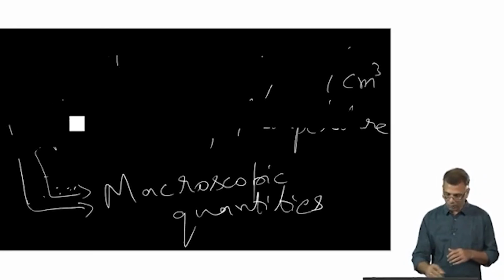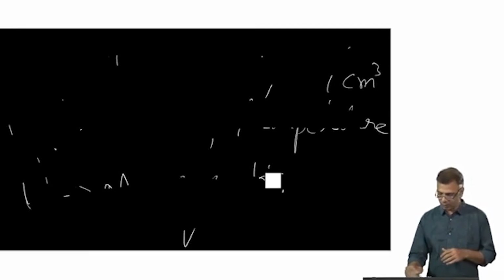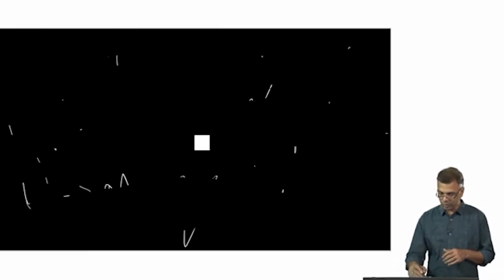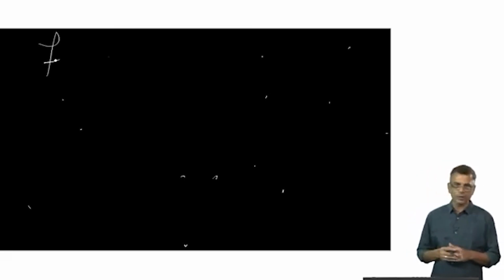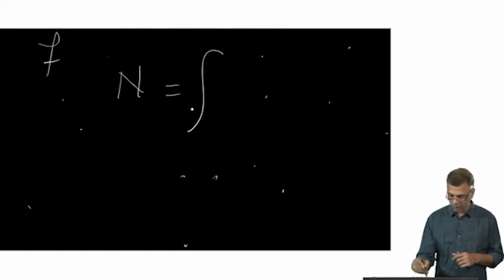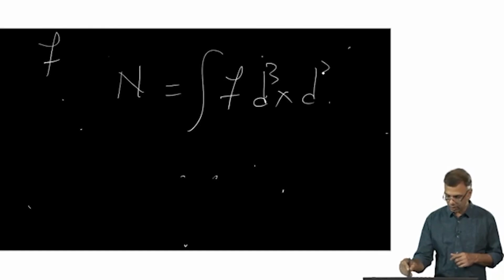So what I'm now going to do is introduce the concept of a distribution function, which I'm sure you're familiar with. The definition of this distribution function is this: the total number is equal to the integral of f d cube x d cube v.